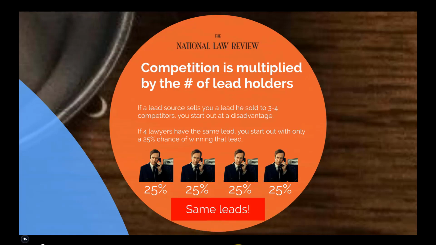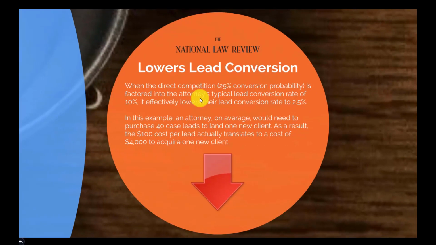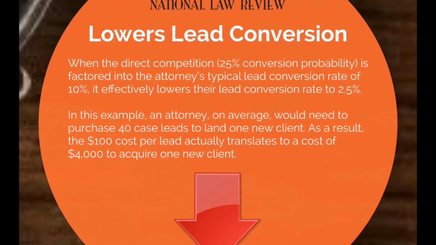Now, problem number two with non-exclusive leads is that they actually lower your conversion rate. Remember, you have to deal with the percentages of someone actually clicking your lead, and then you have to deal with the conversion rate after you have actually received the lead.